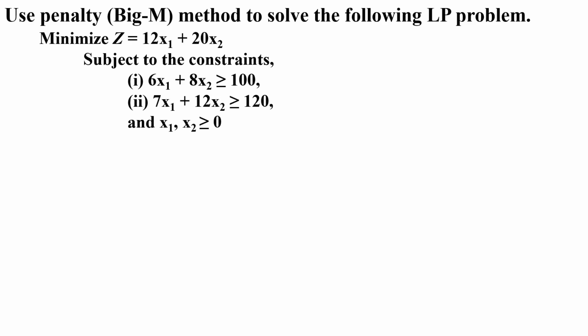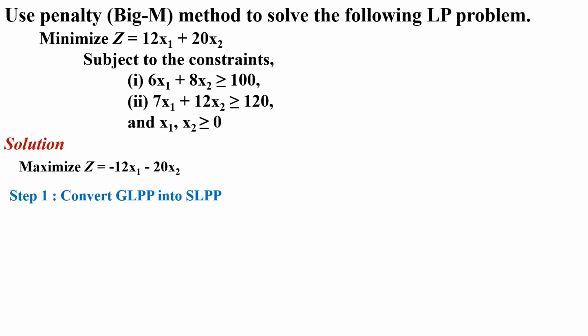Then the objective function, that is minimize z equal to 12x1 plus 20x2, becomes maximize z equal to minus 12x1 minus 20x2. Next step is to convert the general linear programming problem into a standard linear programming problem.